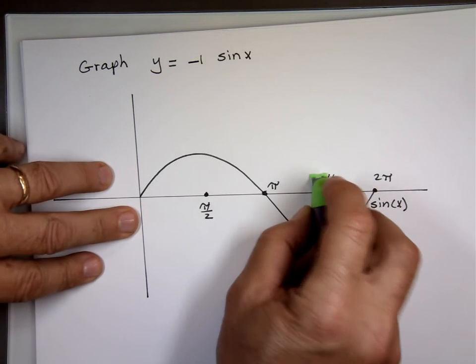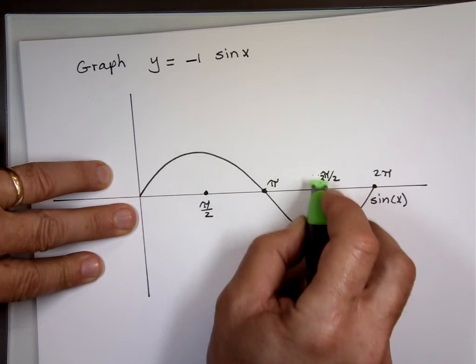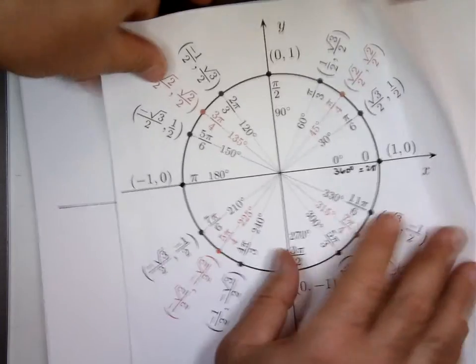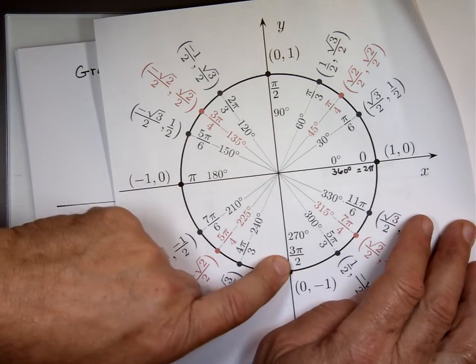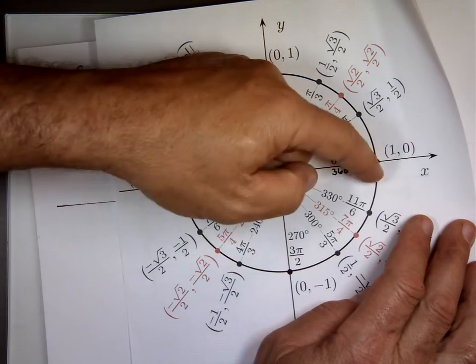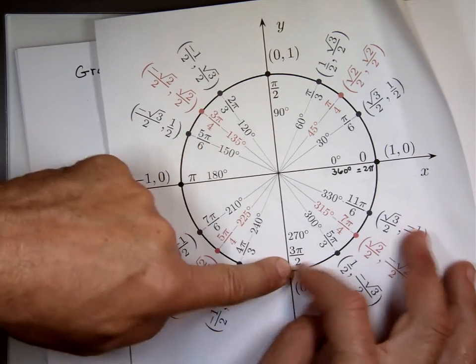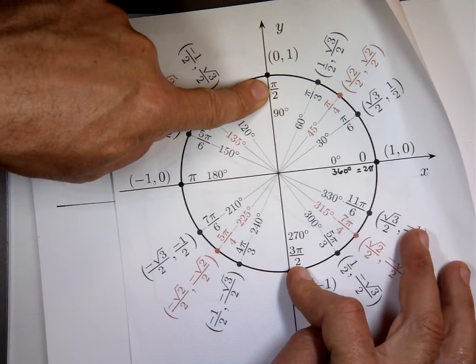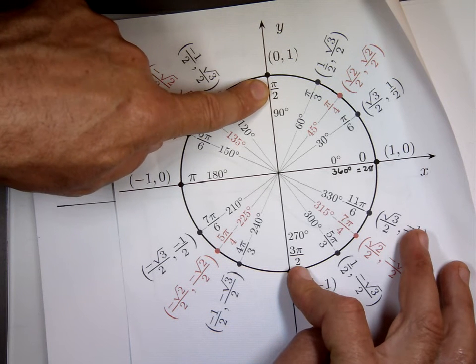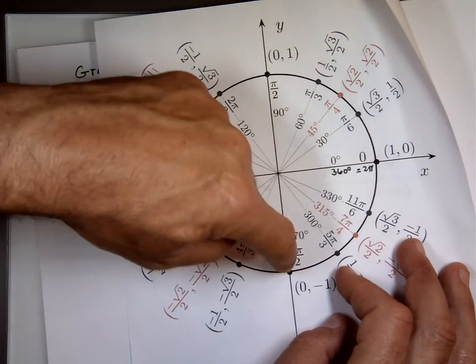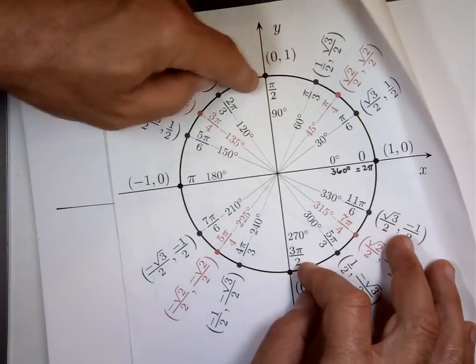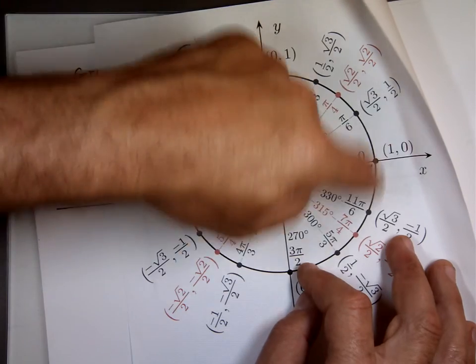It is the same as 3 pi over 2. Watch this. If you travel in this way, this is 3 pi over 2. But if you travel in this way, it's the negative of that number. So it is negative pi over 2, but we don't like to number them that way. So 3 pi over 2 is the same as negative pi over 2. Going that distance from here to there, it's coming down, so it's the negative of that number.